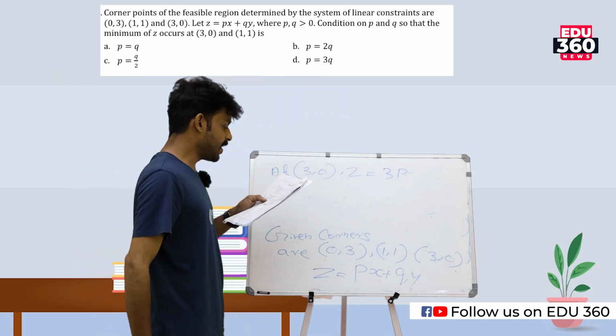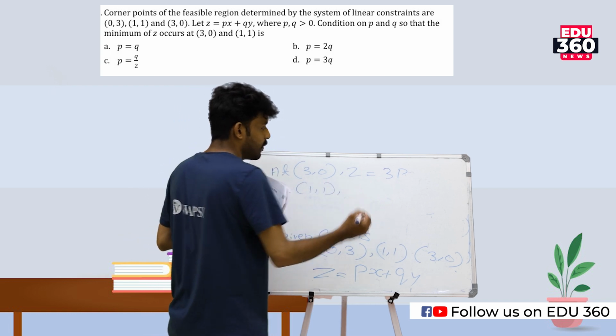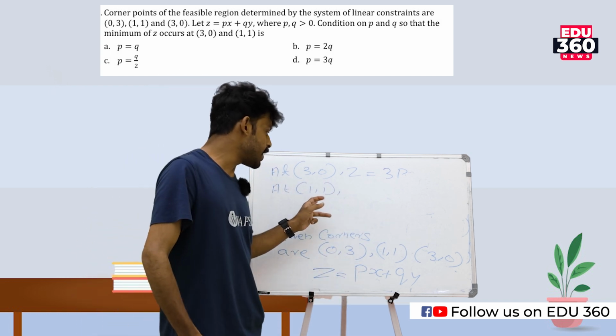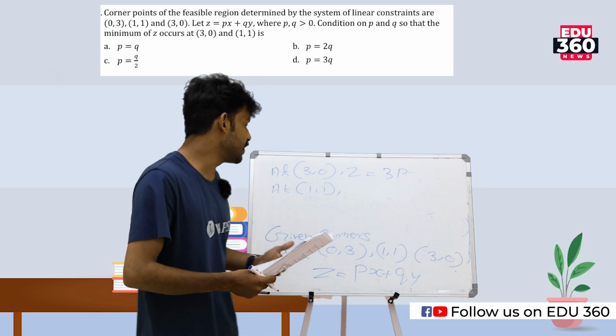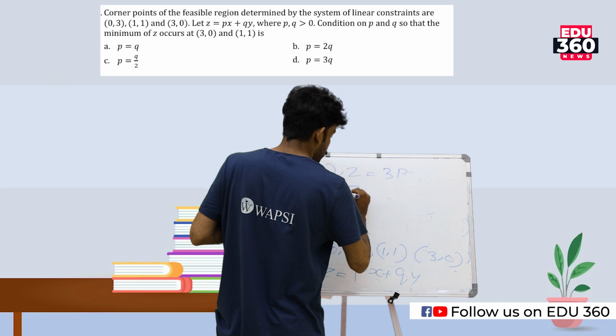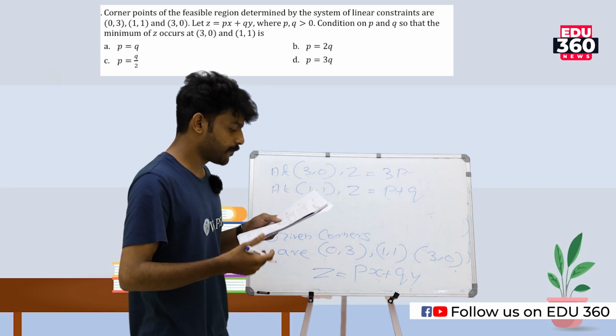Next, at (1, 1), if we substitute x is equal to 1 and y is equal to 1, we will get Z is equal to P plus Q.